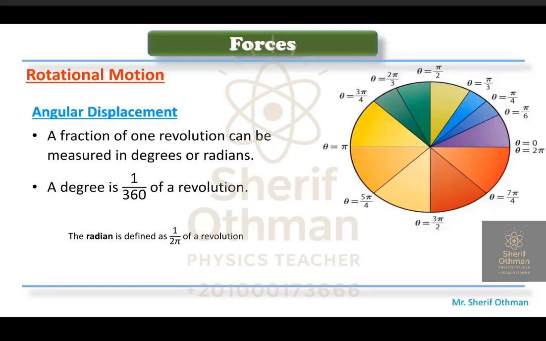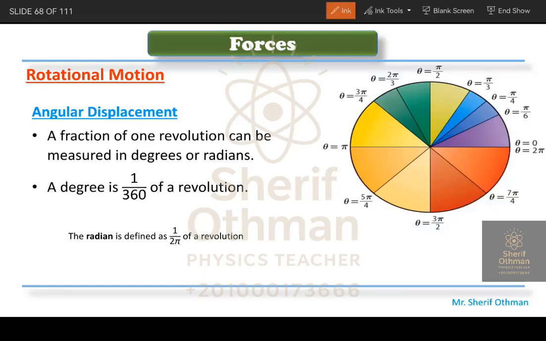The angular displacement is the displacement of the object according to the angle covered. From this position to this position is pi over 2, which is 90 degrees. And from this position to this one is 180.